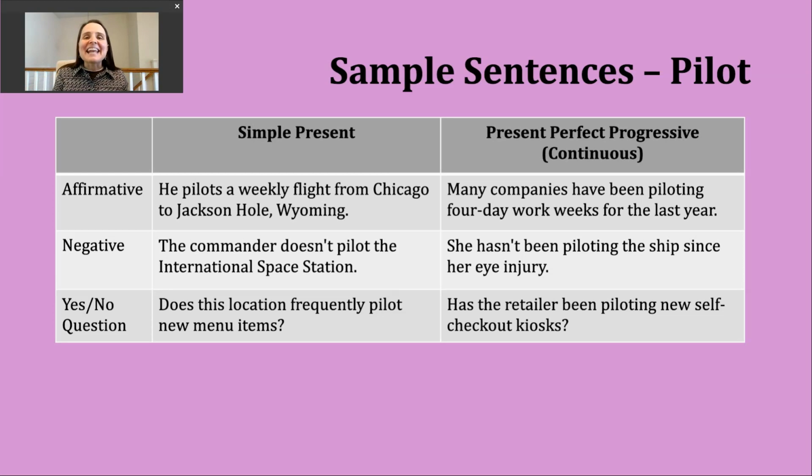Next, let's look at making a yes or no question. To do this, I'm going to start with do or does, whichever form matches my subject, and the subject comes next, and then I'm going to use my base verb. An example of this might be, does this location frequently pilot new menu items?